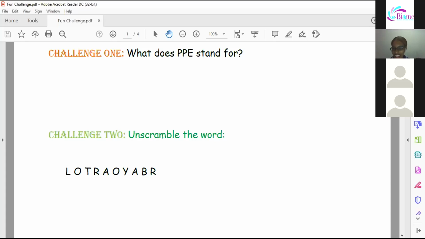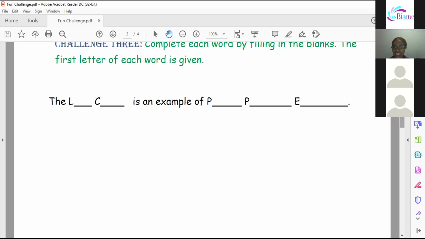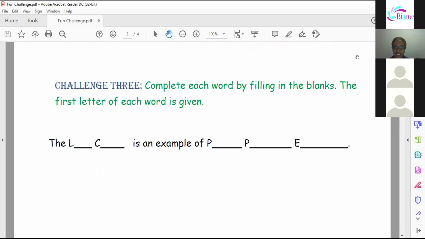Okay, and then the last challenge, challenge 3, is to complete each word by filling in the blank. The first set of each word is given. I'll give you a hint for this one. So the first word is the lab. The lab something is an example of something, something, something.